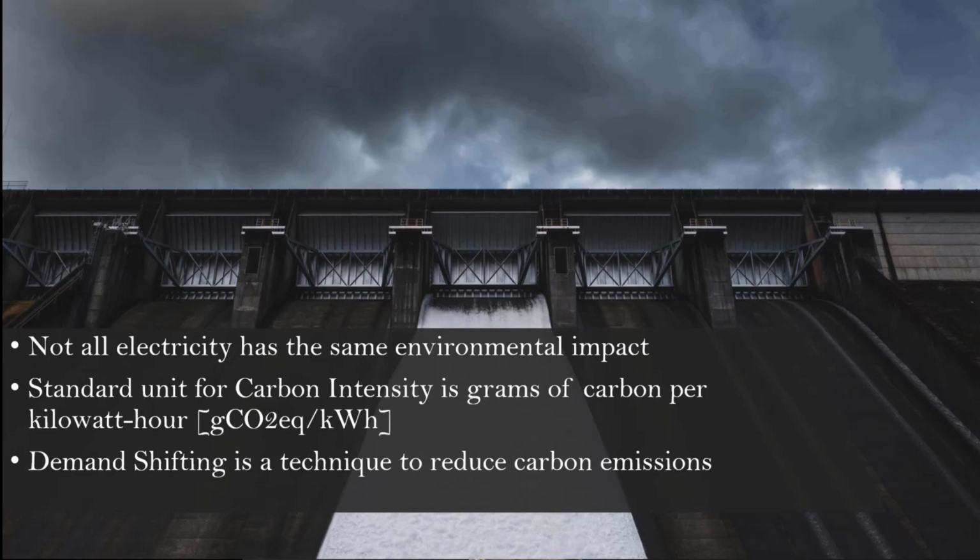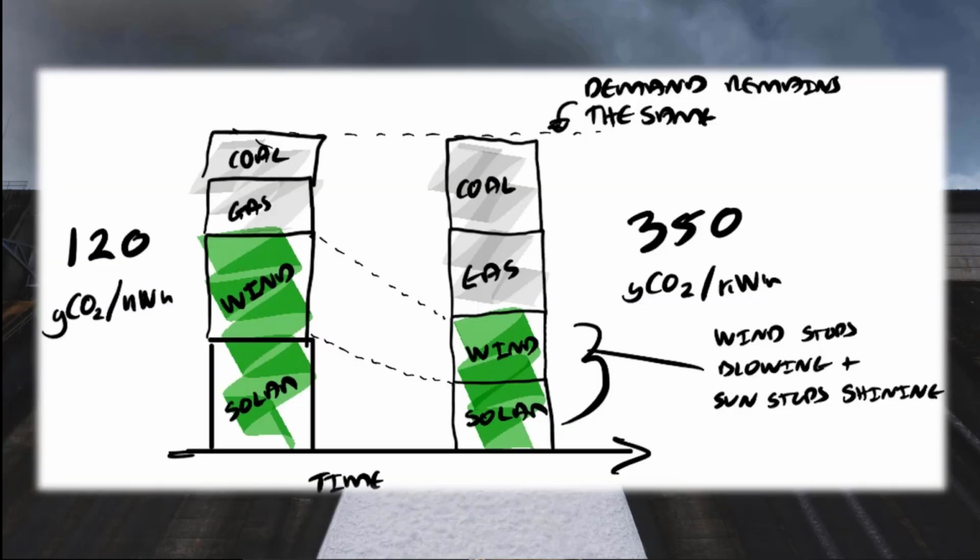So we need to also think about this when creating an app and maybe running some heavy workloads. And here's a graph that represents this in a very clear way. If we see the graph on the left, this pile of electricity was created in its majority by wind and solar sources.